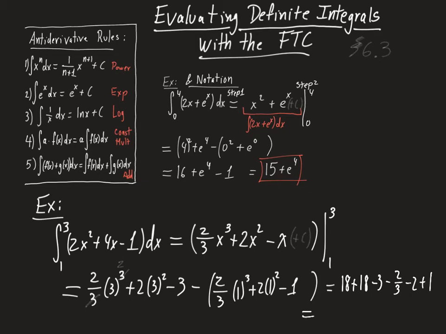And if you add all of this together, 18 plus 18 gives us 36, minus 3 is 33, minus 2 is 31, plus 1 is 32, and this is 32 minus 2/3. If you want, you can rewrite this as 31 1/3, but I prefer to write it like this. This is going to be the final answer for this definite integral.